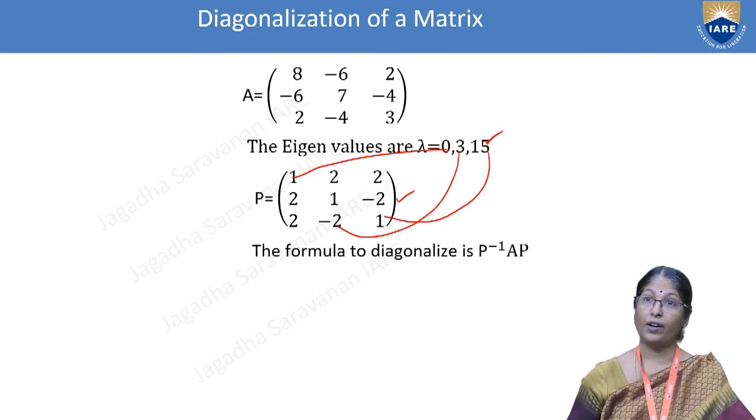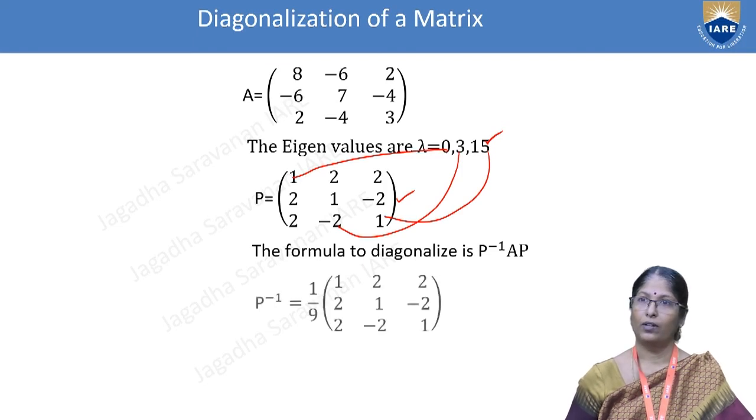The formula for diagonalization is P inverse AP. So P inverse, we got it. That's a lengthy procedure we did actually. The inverse, we know it. First determinant P we found. All the cofactors we found. While doing the cofactors, we have to remember the position signs.